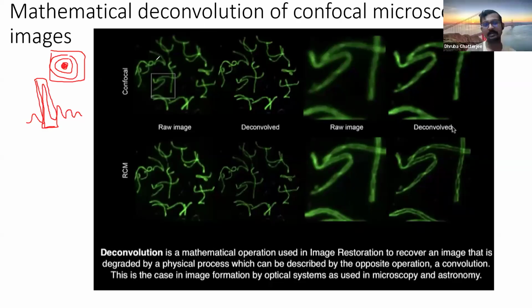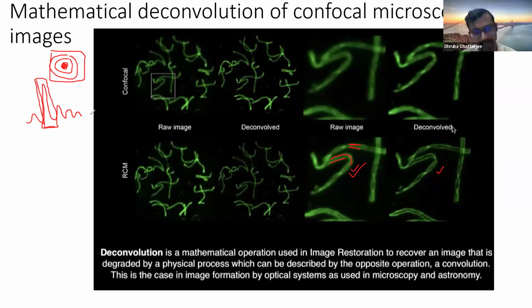When these algorithms are applied, it gives you much crisper and much better resolution images. For example, in this image and this image, this one on the left is the raw image, where these two different strands seem to be a bit overlapped with one another. That is because each of these has a point spread function. This is the central high intensity band, and this is the central high intensity band, but they have these gradually dimming intensities, which give you some extent of background fluorescence in between.